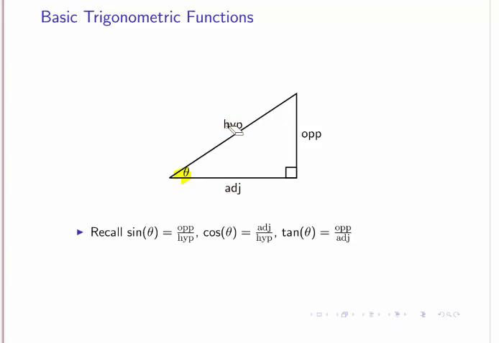And the tan of theta is the opposite divided by the adjacent. The tan of theta also can be written as sine of theta divided by cosine of theta.